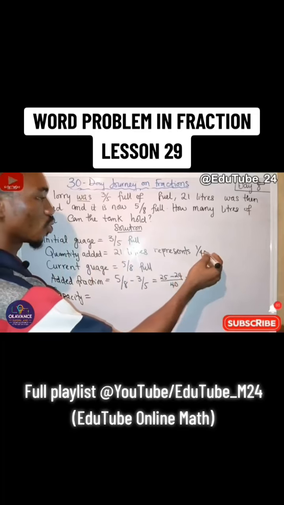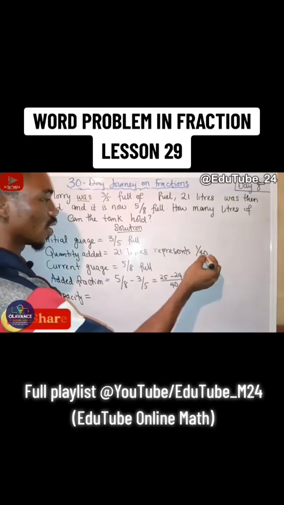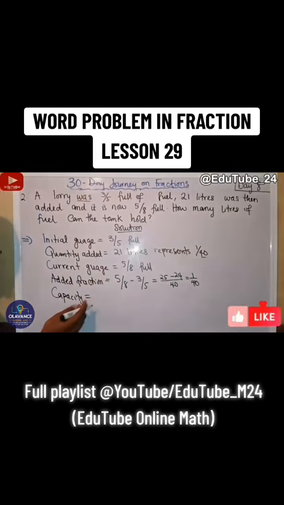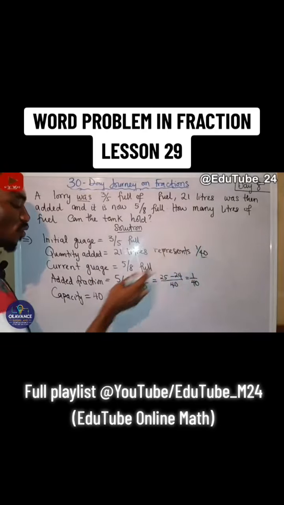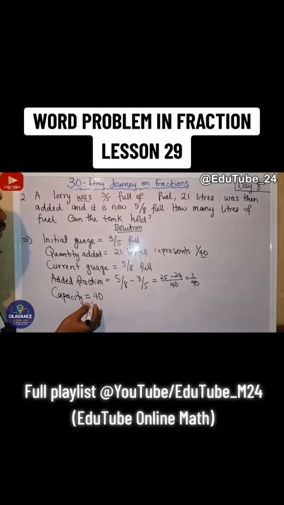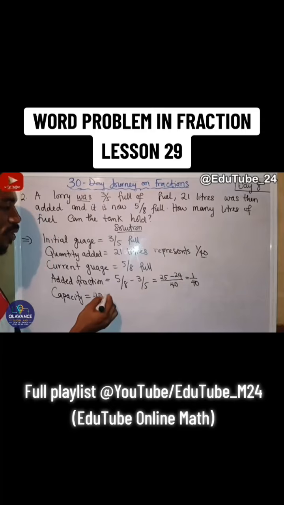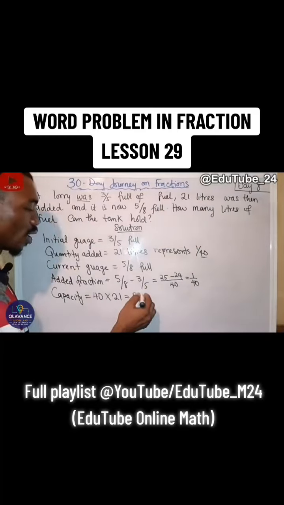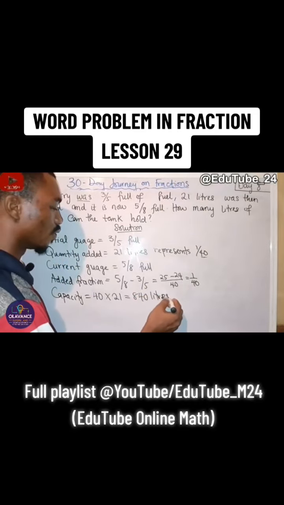So the total quantity, or the capacity of the tank, is this 40, and 1 out of it is this 21 liters. So to find the full capacity, we just simply flip this fraction, which is 40/1. There is no need putting over 1, because 40/1 will still give us 40. So 40 times 21. So this is 840 liters is the capacity of the tank.